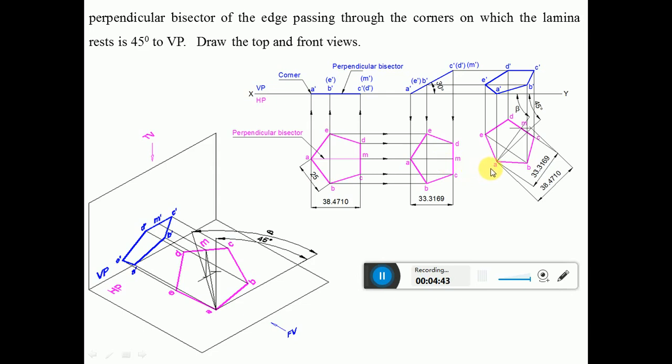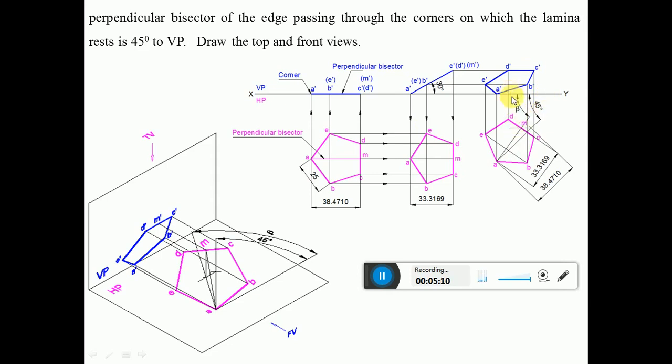So we have to first draw the true inclination, take the true length of that perpendicular bisector and cut it, and then draw the locus. Then take the apparent length of the second position top view with the same center, cut an arc, and then reproduce this sketch on this AM line and produce the front view, so that you are going to get this front view here.